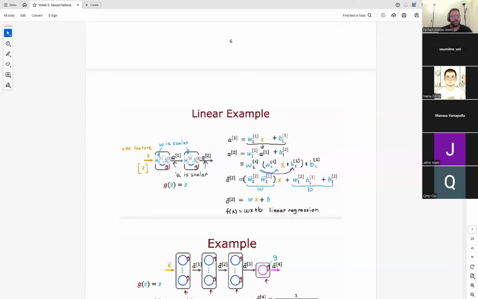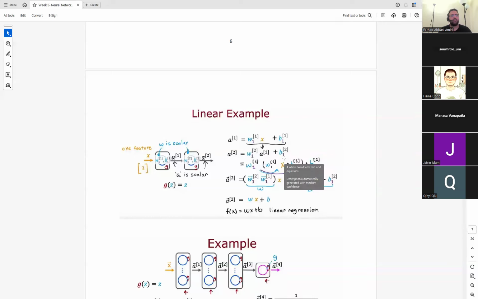How about the activation value of the second layer, the output layer? It is going to be W21 times, and instead of X, we use the output of the first layer, because for this layer the input is not X. The input is A superscript 1. So we use A superscript 1 here plus B21.